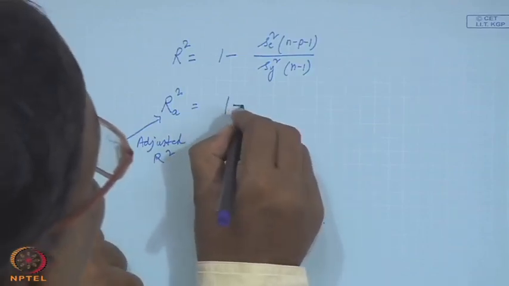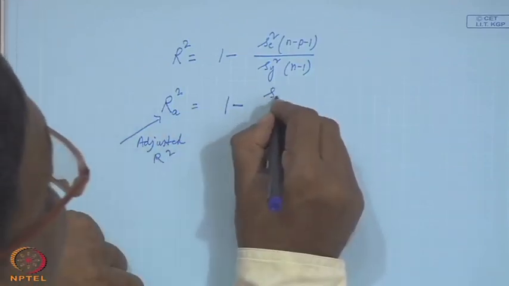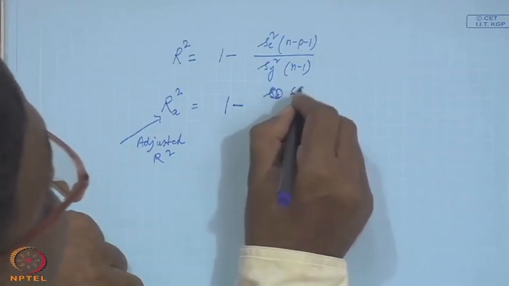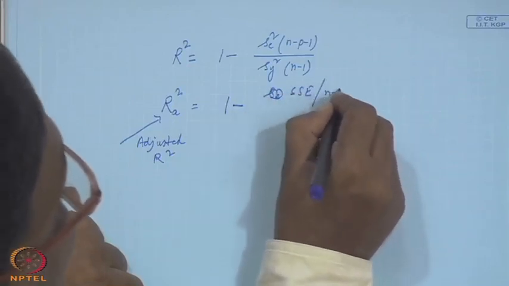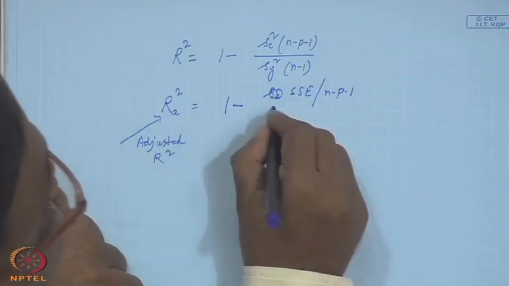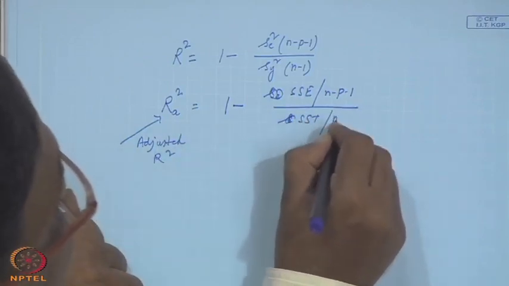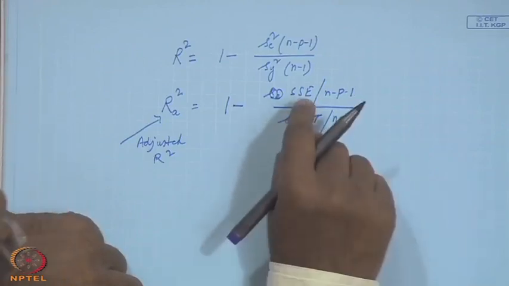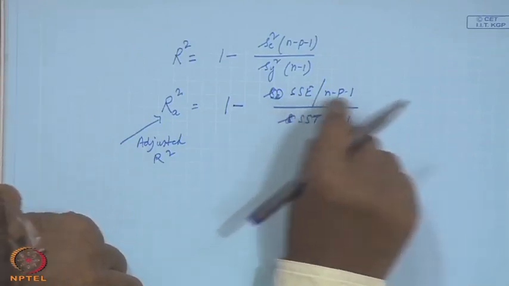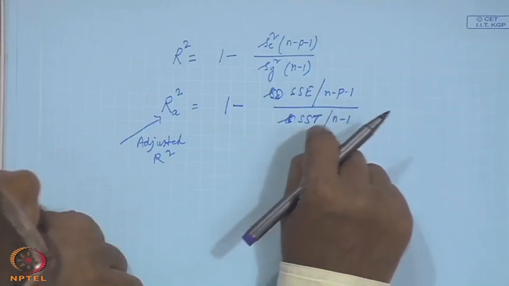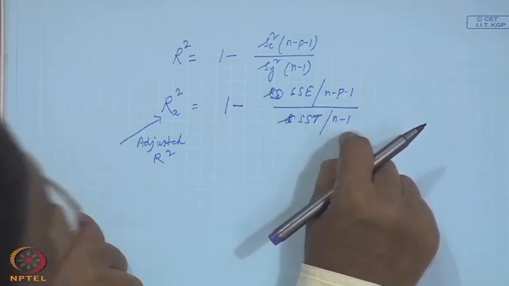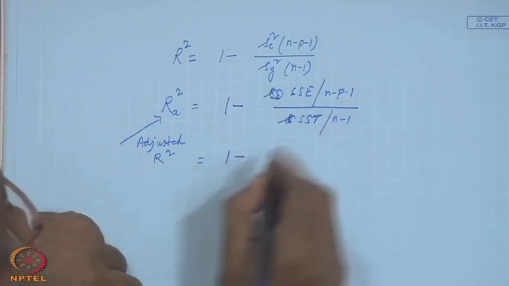It is SSE by n minus p minus 1 and SST by n minus 1. That means the sum of squares error divided by its degrees of freedom, and the sum of squares total divided by its degrees of freedom.